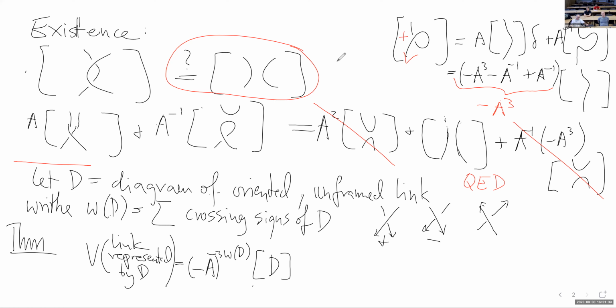Right, so now I want to consider a generalization of this construction for other three-dimensional manifolds. And this will lead to some interesting mathematics. This generalization is called skein modules. Well, let's do it.